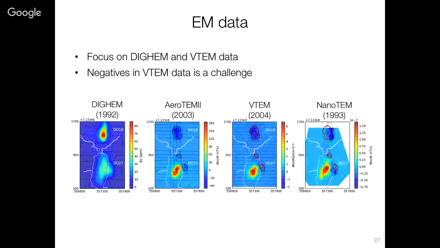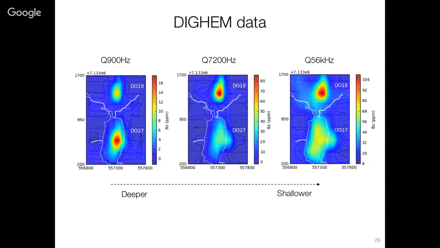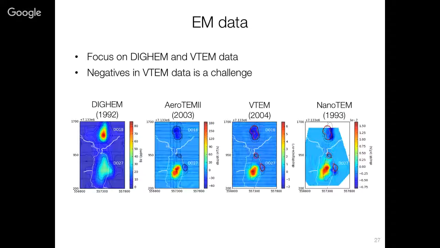So now let's look at the electromagnetics. So we had all of these different data sets. It was the negatives that are a challenge here. But we do have a DigEm. So we can actually use the DigEm data to carry out an inversion.